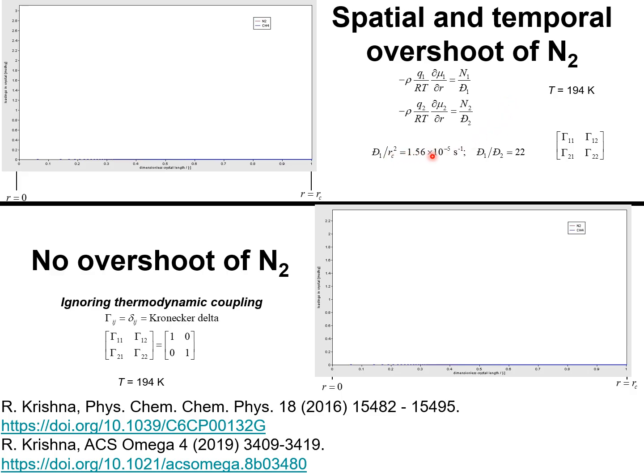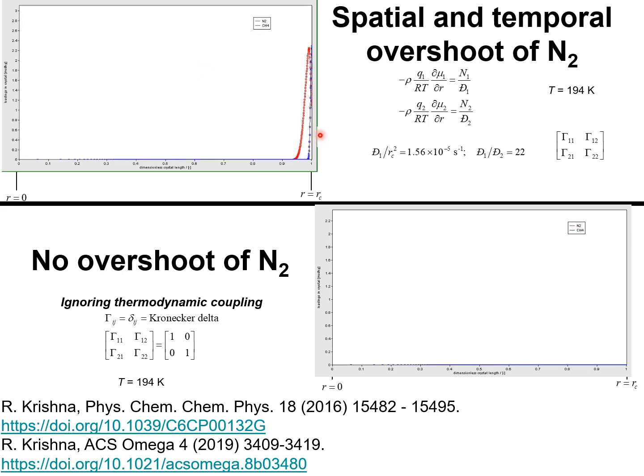We take the diffusivity values based on the data provided by Habgood, and let's first consider the transient uptake simulations in which the thermodynamic coupling effects are duly accounted for.